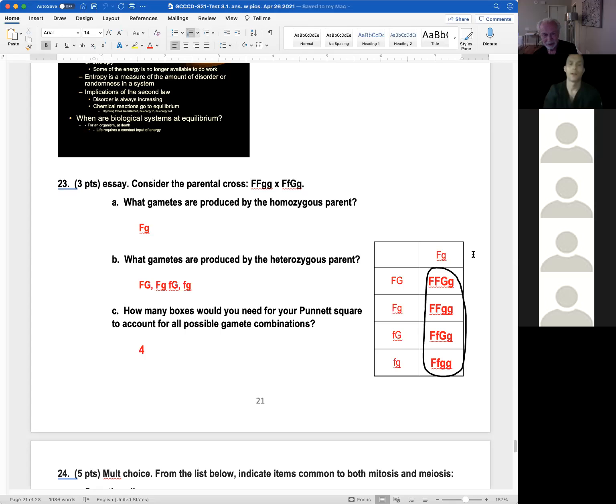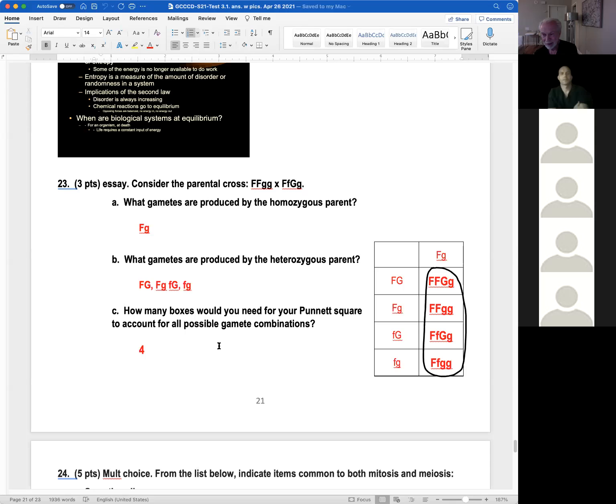Right, so you can make another column here, would look exactly the same, another column exactly the same, and another column exactly the same. So you could make a 4x4, but you don't need it. And what I was looking for is that you would actually recognize that you don't need 16 boxes, you only need 4 to account for all the possible gamete combinations, which is what the question is asking for.